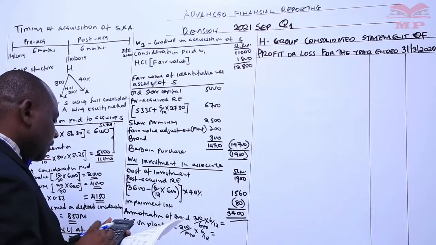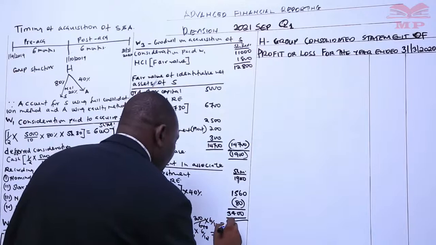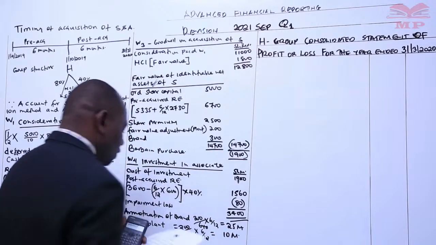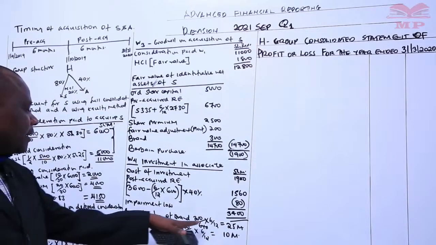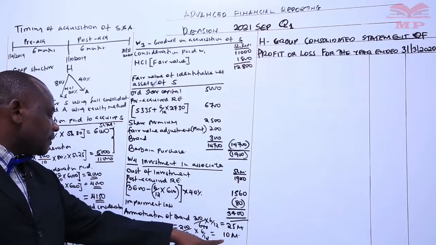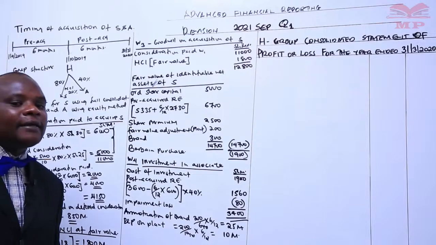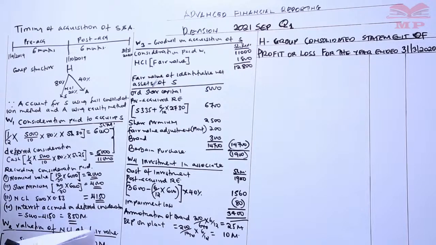So that is 300 divided by 6 times 0.5, giving you 25. And this is giving you 10. You're told how to classify. This is under admin expenses. This is under cost of sales. It is our work to demonstrate that when consolidating.